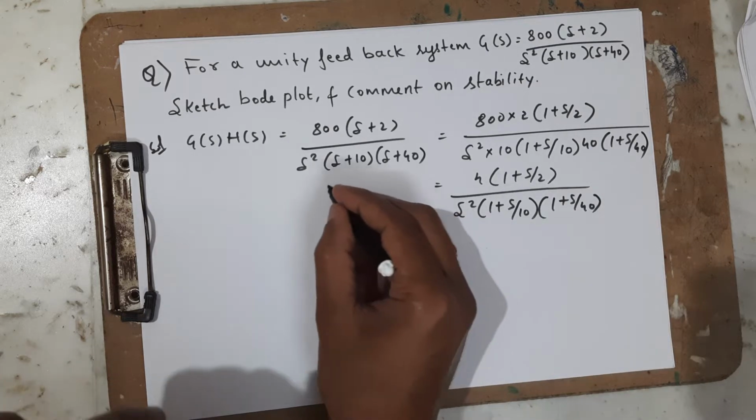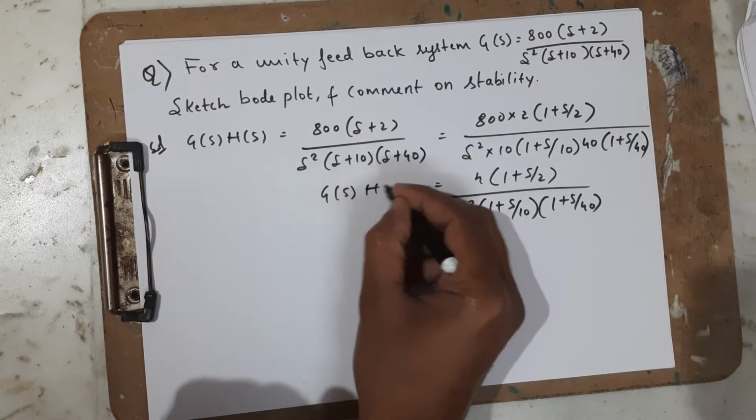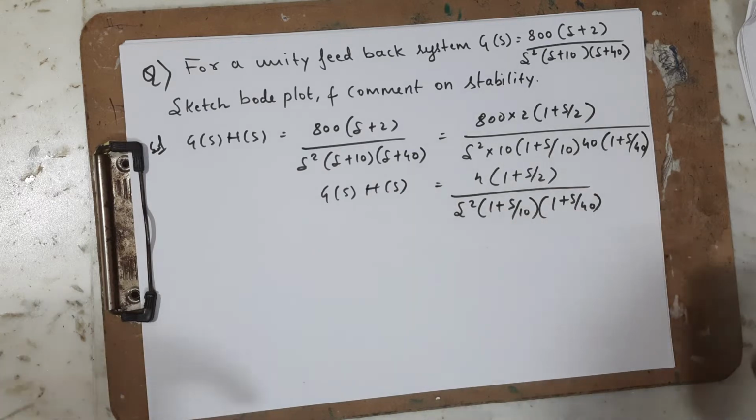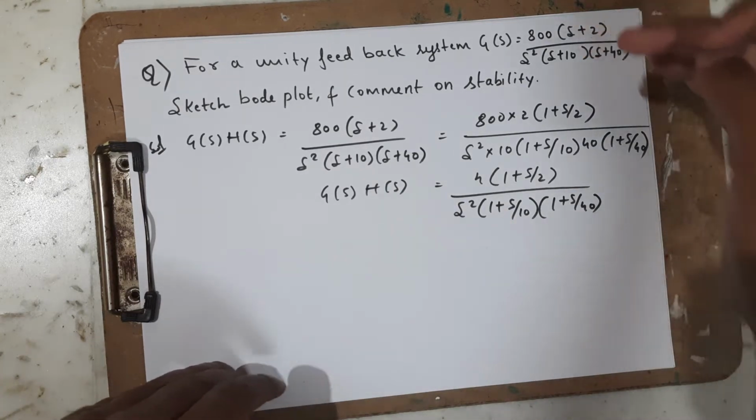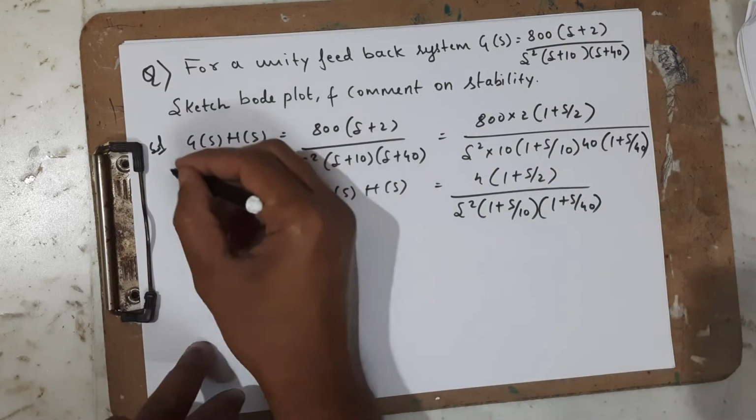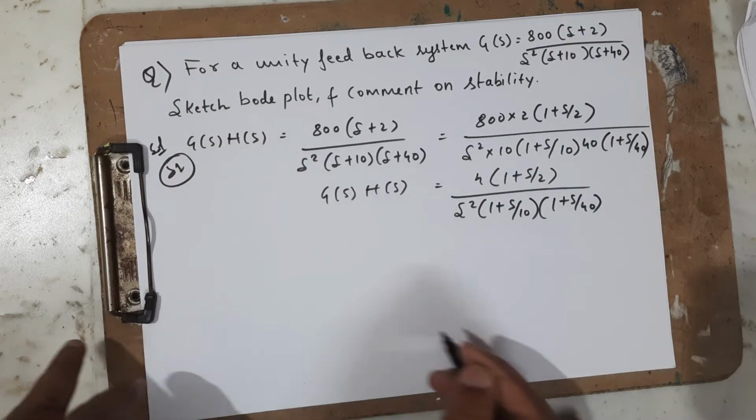So this is G(s)H(s) equal to this value. This is what converting from the given standard form to time constant form. So this is step number 1.